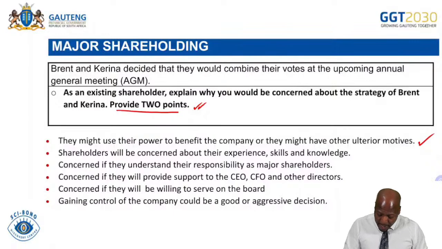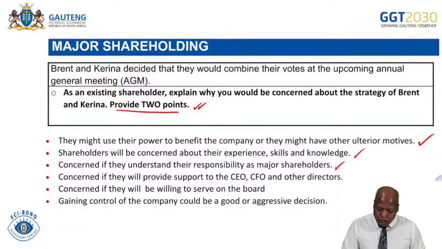Shareholders will be concerned about their experience, skills, and knowledge. If these two do not have much experience and knowledge, that will put the company at great risk because these people influence decision making. You'll be concerned if they understand their responsibility as major shareholders. Do they really understand what it means to be a major shareholder?